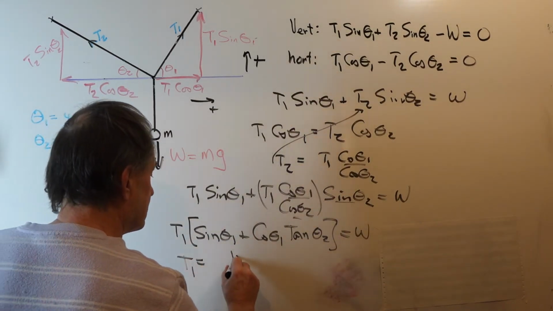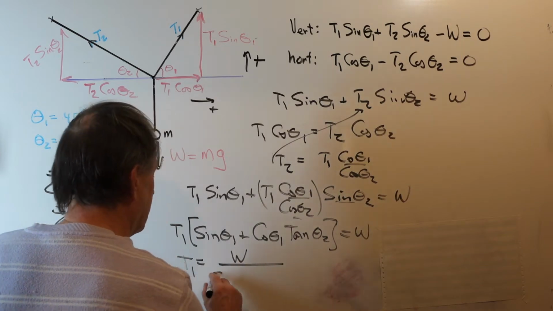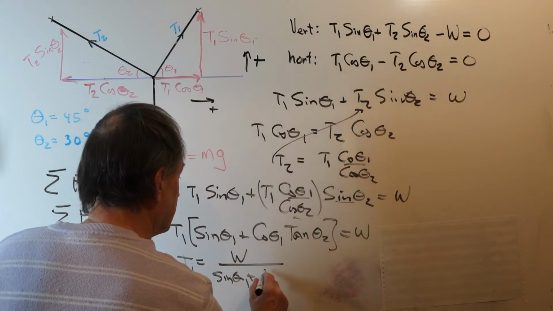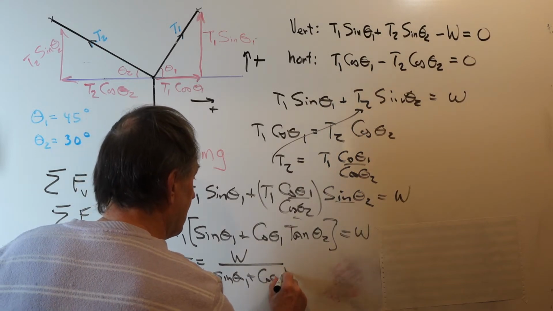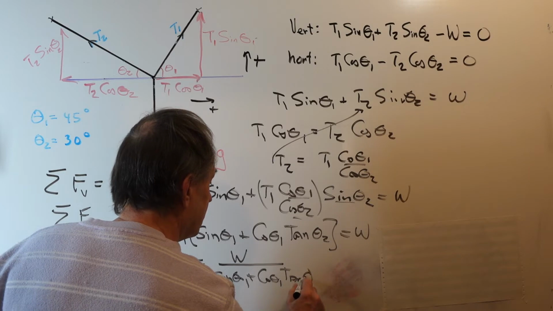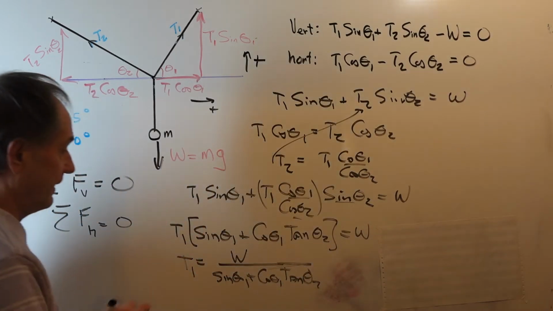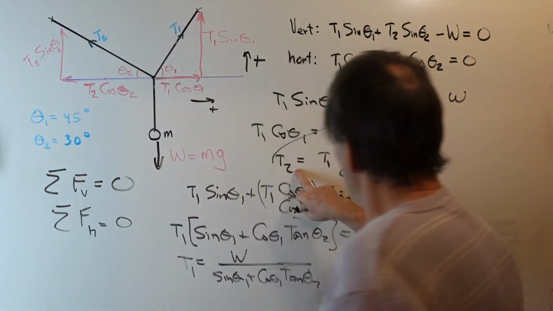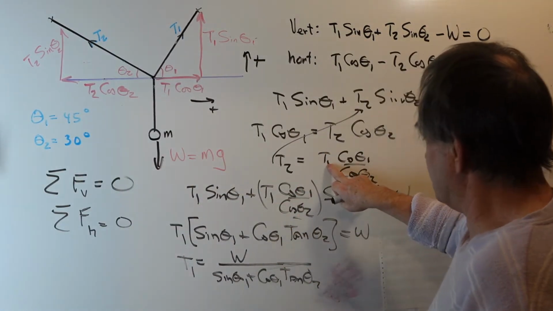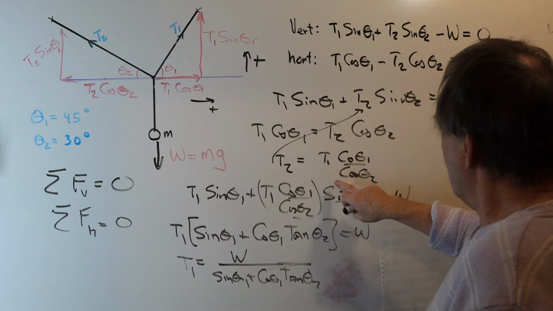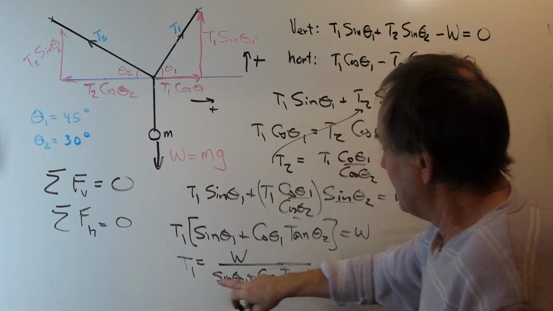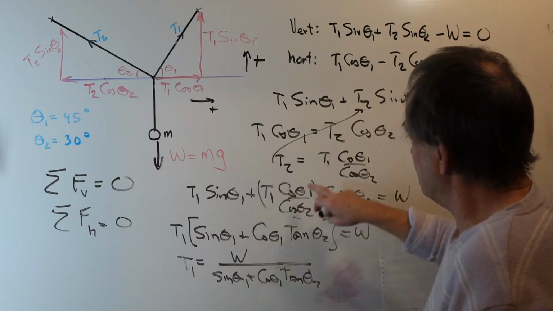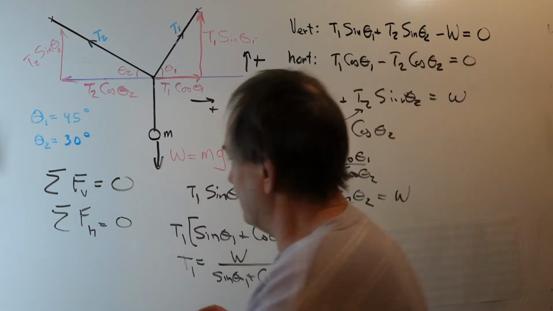T1 is just the weight divided by the sine of theta 1 plus the cosine of theta 1 times the tangent of theta 2. So there we have the tension in line 1. To get the tension in line 2, we just put in for T1 in this equation. So we just multiply this by the cosine of theta 1 divided by the cosine of theta 2 to get the tension in line 2.